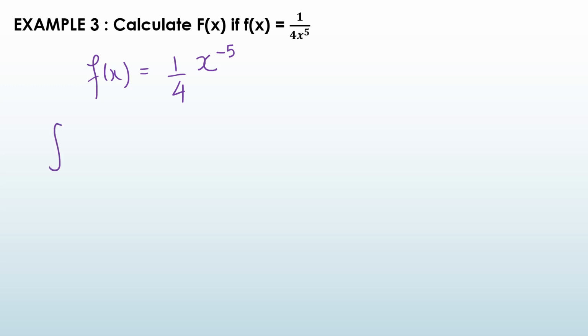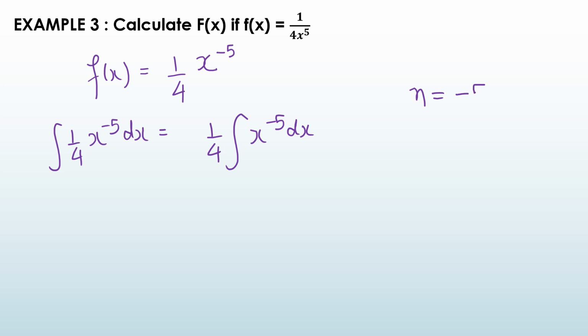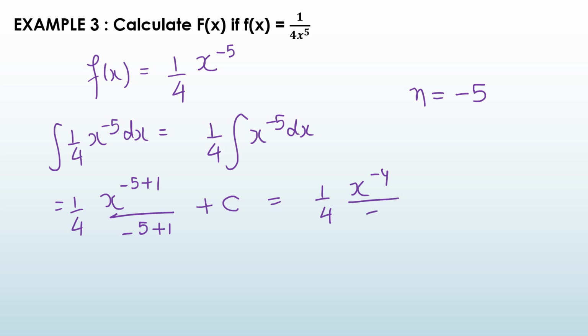So now I'm going to find the integral of this expression, and if I take the 1/4 outside and rewrite it in this form, here n is -5. So if you apply the rule, 1 over 4 times x to the power -5 plus 1 over -5 plus 1 plus c. So that equals 1 over 4 x to the power -4 over -4 plus c.